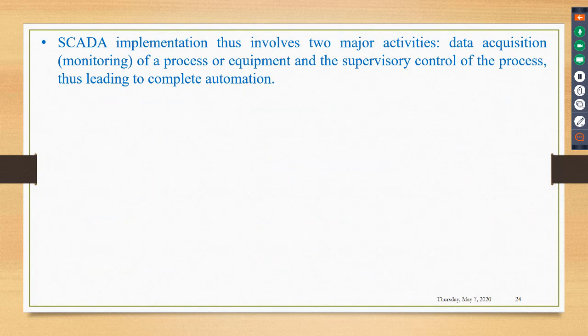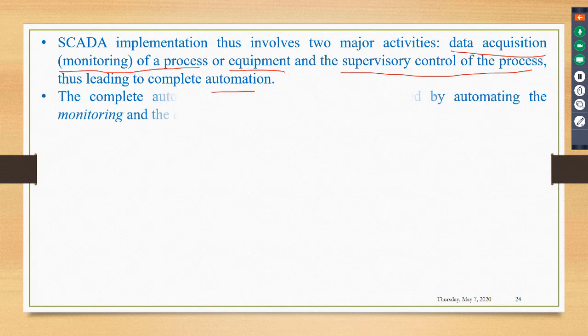The SCADA implementation thus involves two major activities. One is called data acquisition, that is, the monitoring of a process or equipment, and the other is the supervisory control of the process. These two actions are taken by SCADA, leading to complete automation.